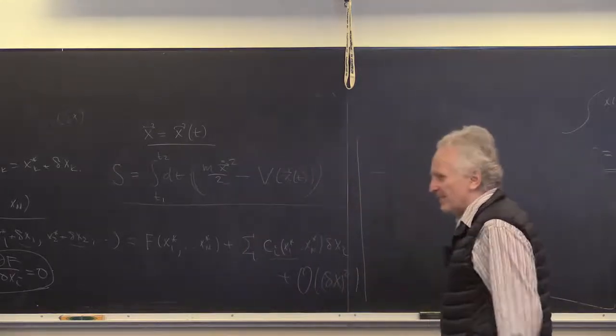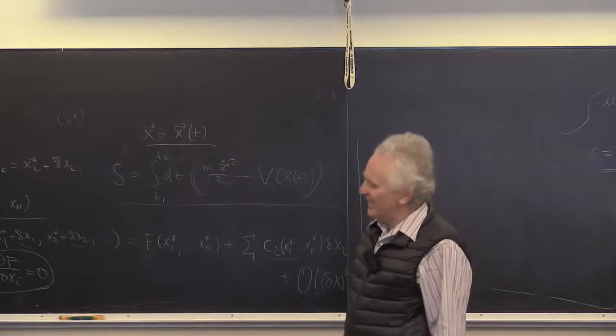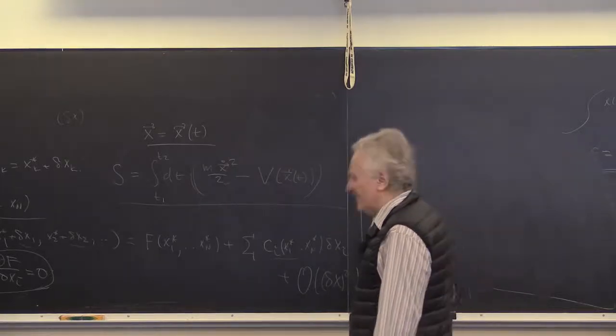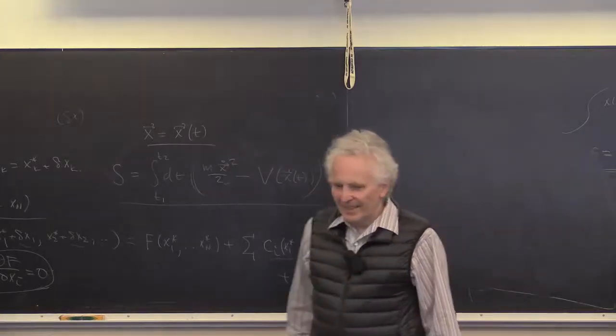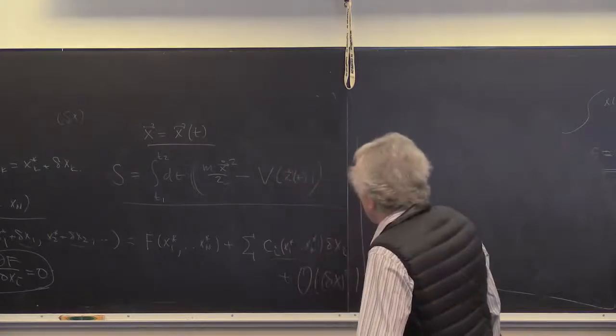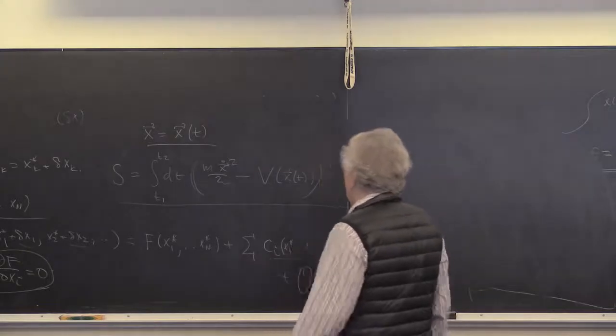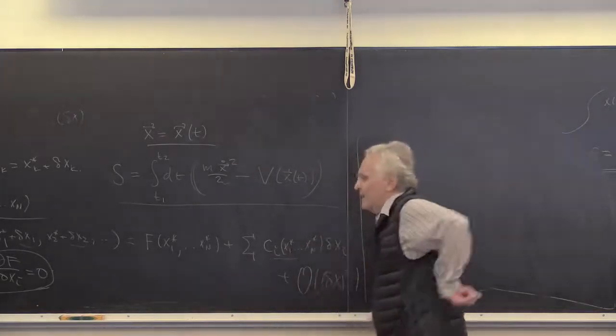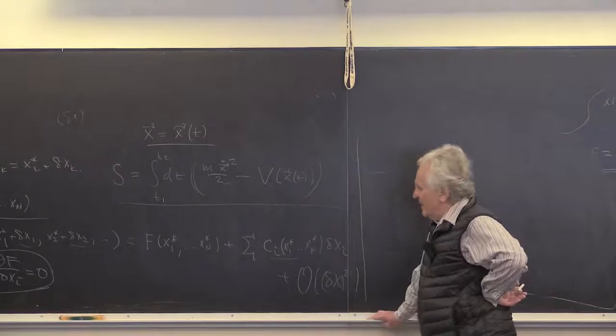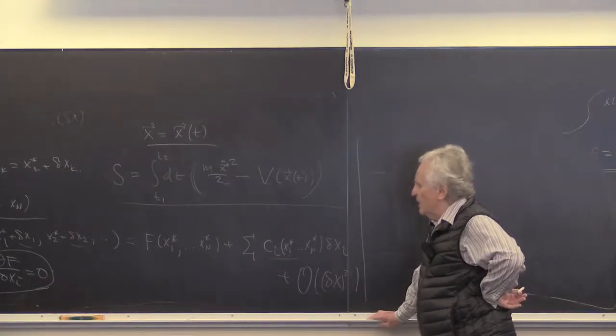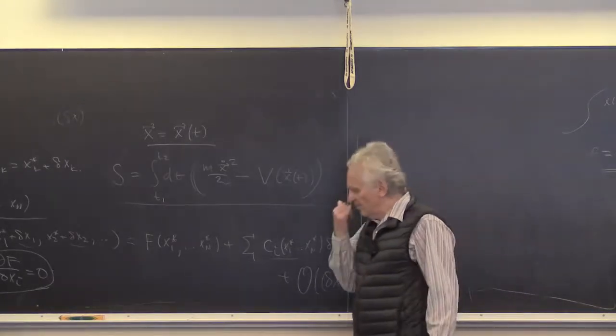What is functional derivatives? So it's more complicated than derivatives with respect to a scalar. But in the same way as you have a small variation from some scalar value of x1 star, you have some small variation from x of t.